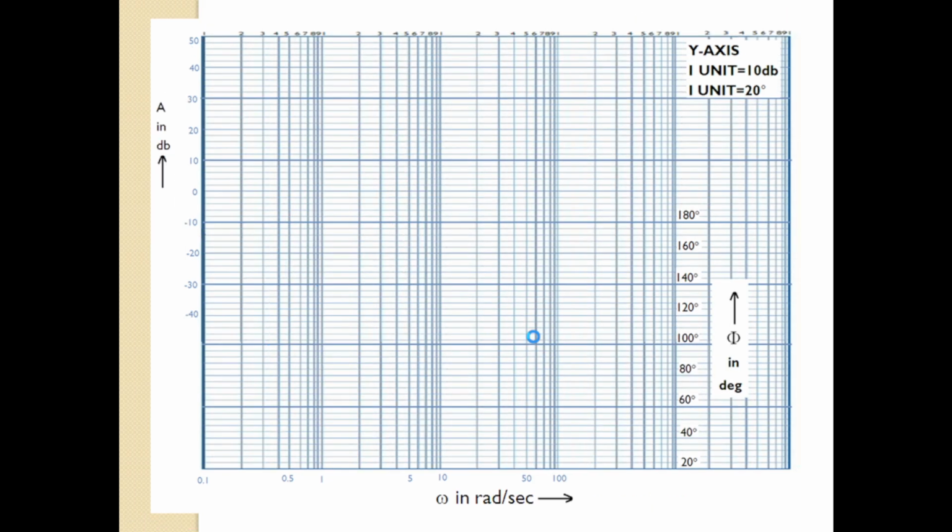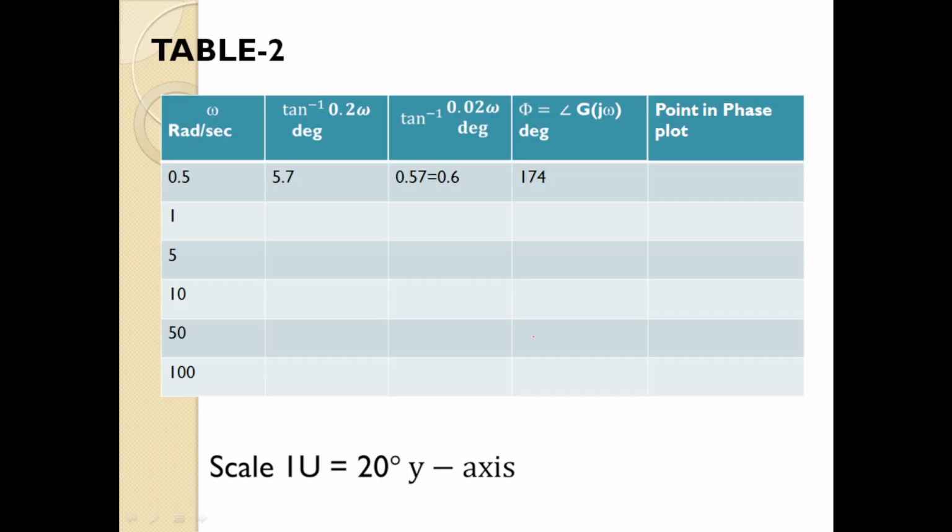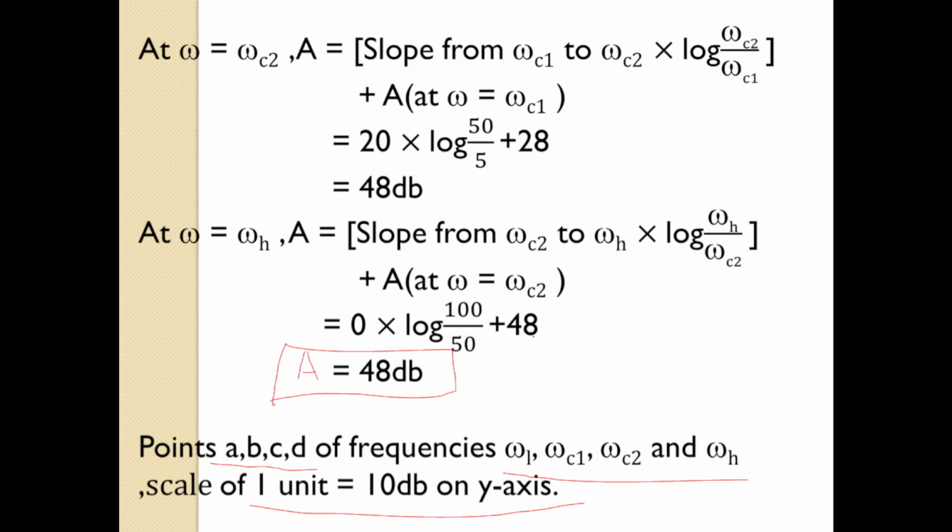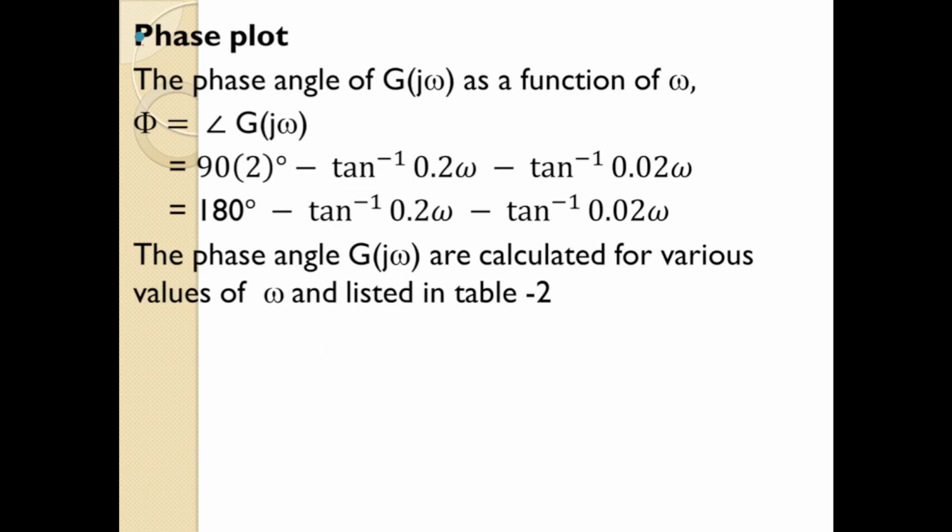Now let us plot the phase plot. To plot it, let us determine the phase angle. Phase angle is the angle of G of j omega. G of j omega has 3 factors. In the numerator it has j omega to the power of 2, a derivative factor, so the phase angle is 90 into n, that is 90 into 2.